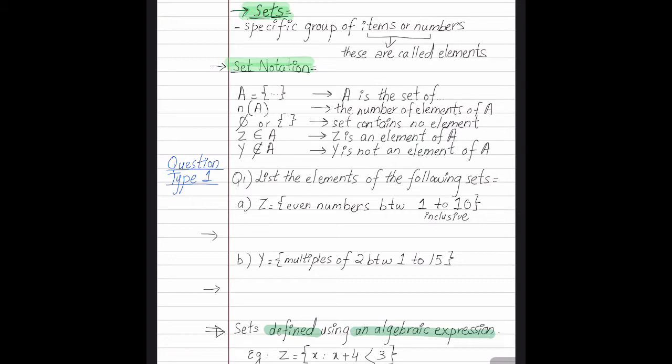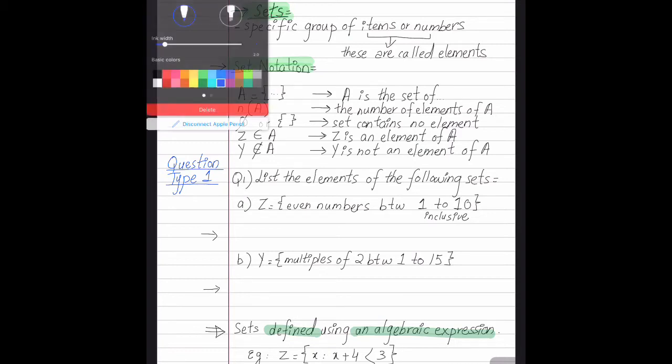First question type that we're going to solve is, well, it's already listed, so let's just do it. List the elements of the following sets. So Z is a set that includes even numbers between 1 to 10 inclusive. Let's choose a color.